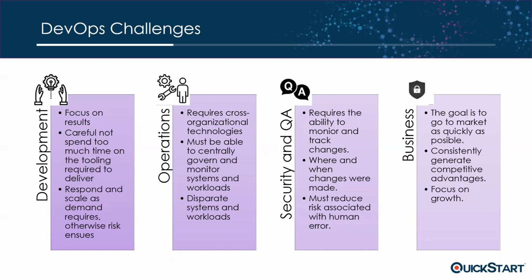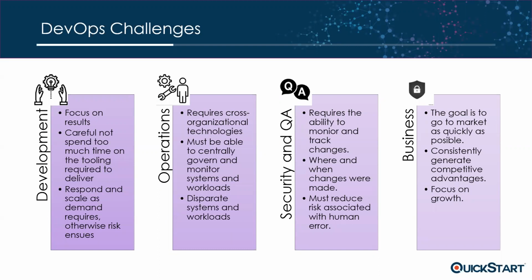So tooling should be fast, easy to implement, easy to use, and not take a lot of time. And they need to respond and scale as demand requires. Otherwise, you have business risks, right? So scaling is another main term for automation. For operations, or ops, generally speaking, this requires cross-organizational technology, right?